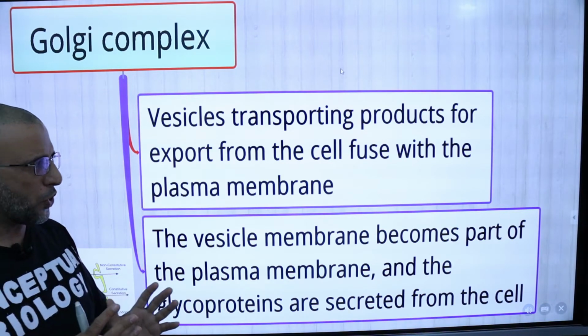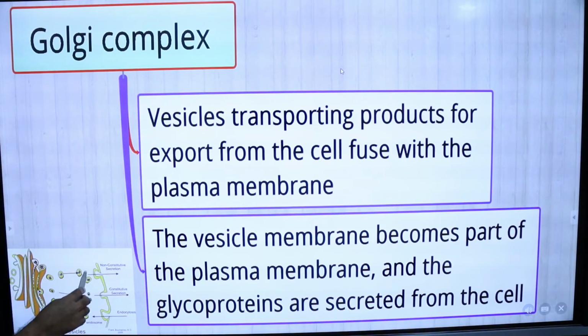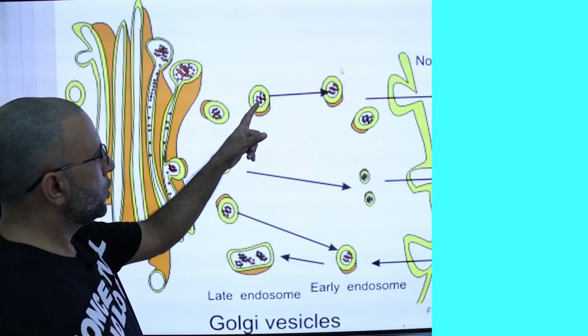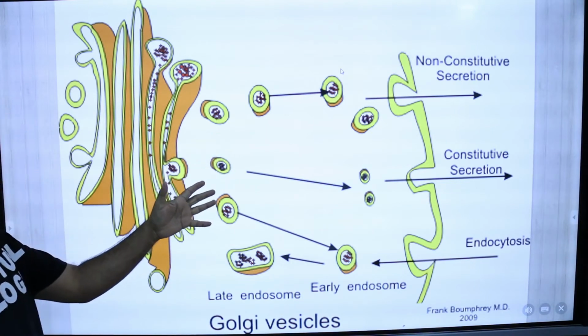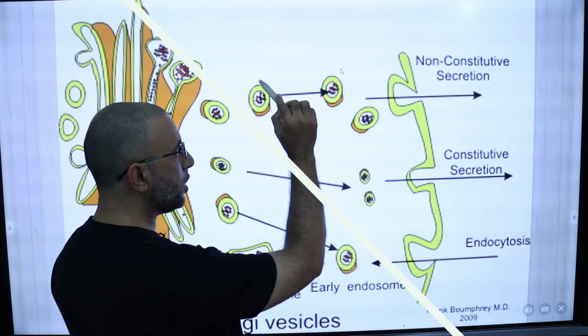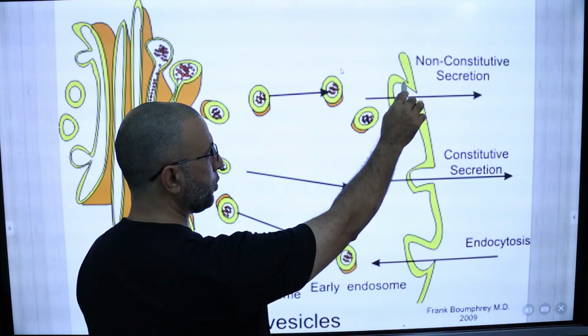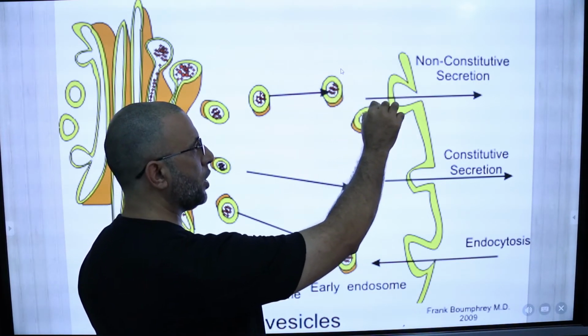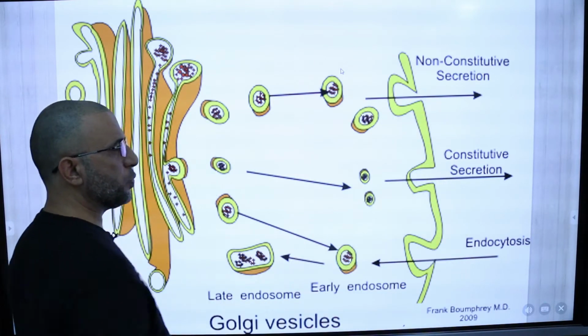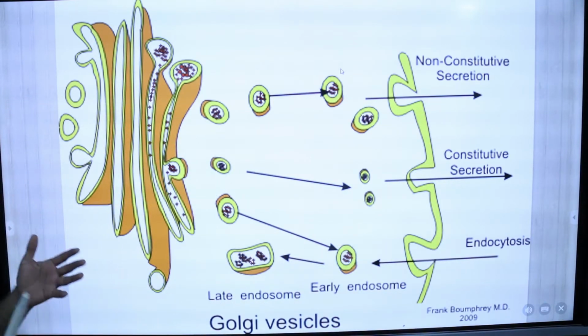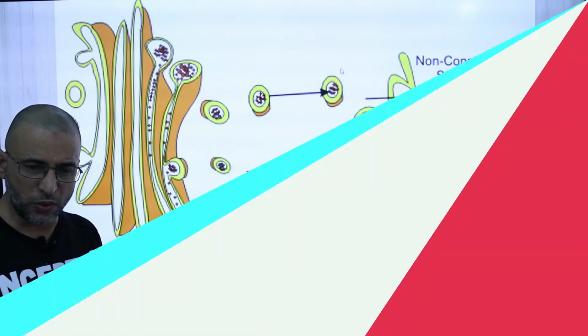During this export, the vesicle fuses with the cell membrane, and the vesicle membrane becomes part of the plasma membrane, and glycoproteins are secreted from the cell. So, this is a vesicle that contains glycoproteins, glycolipids or lipoproteins, and when this vesicle fuses with the plasma membrane, the vesicle membrane becomes part of the cell membrane, and glycoproteins are exported, secreted from the cell. That is called exocytosis.